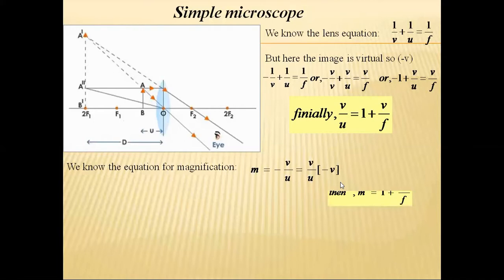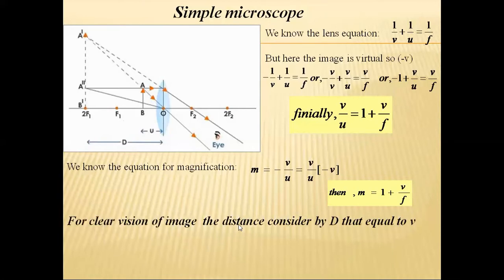We know the value of v/u is 1 + v/f, so we get the magnification m = 1 + v/f. For a clear view of the image, v is converted to d, the distance for clear viewing, so we can write the magnification formula m = 1 + d/f.